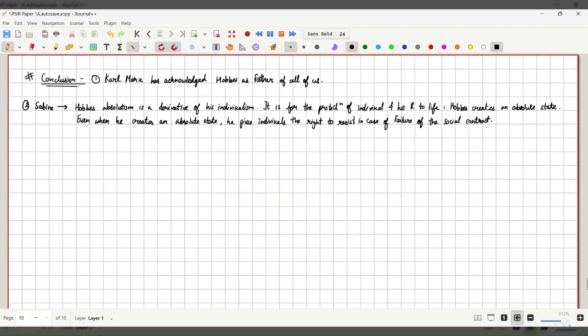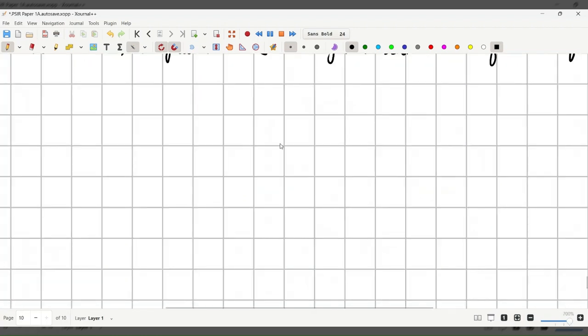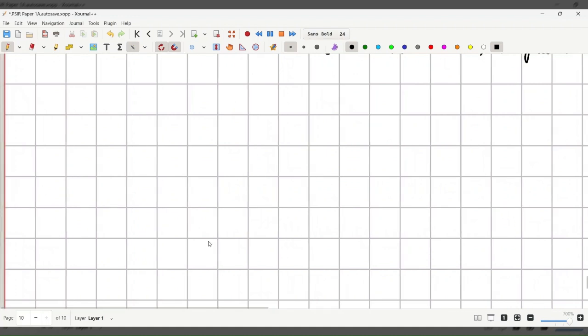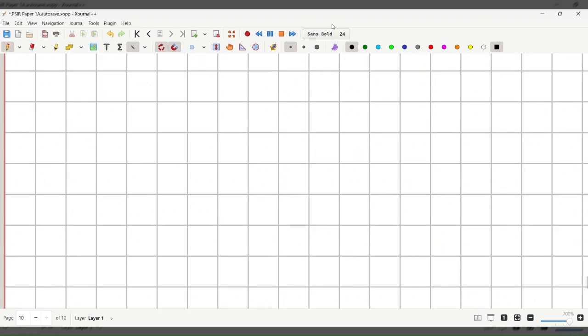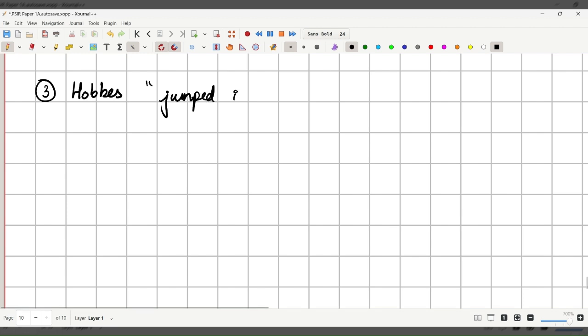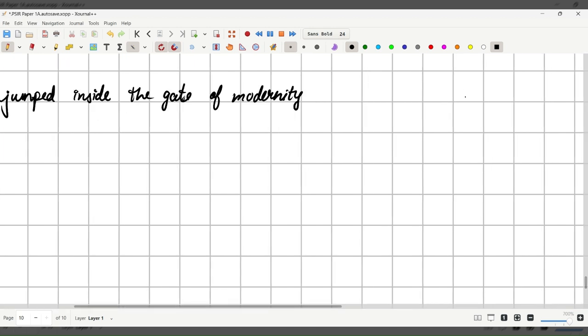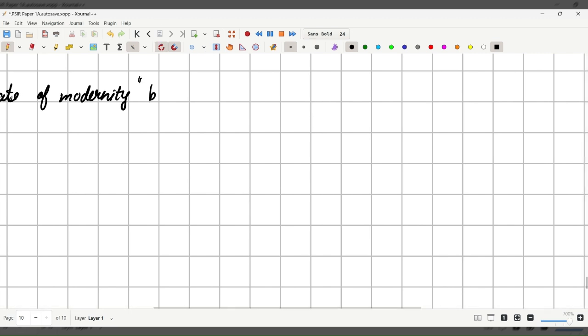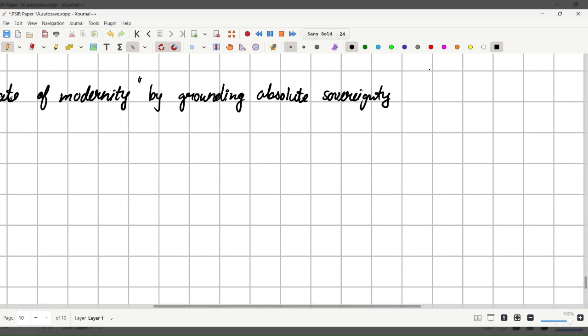You can write here one more conclusion. Hobbes jumped inside the gate of modernity by grounding absolute sovereignty in radical individualism.